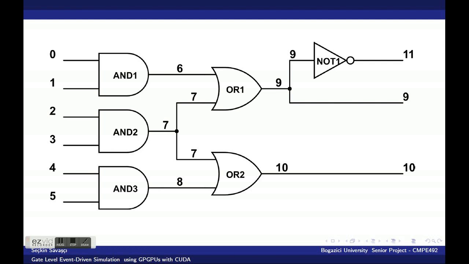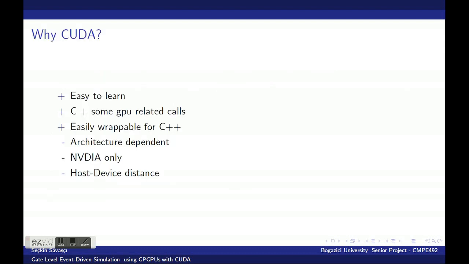And in my project, for the parallelization of this simulation, I use CUDA. So why CUDA? CUDA is easy to learn. It's some C with some GPU related calls like device, host, global, cudaMemcpy, cudaMalloc.